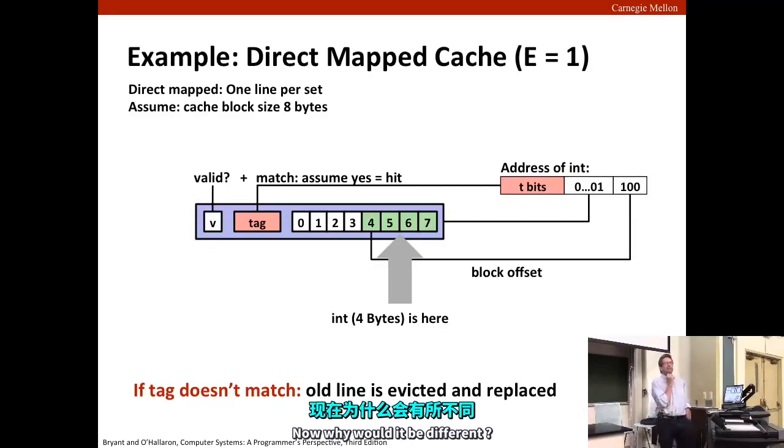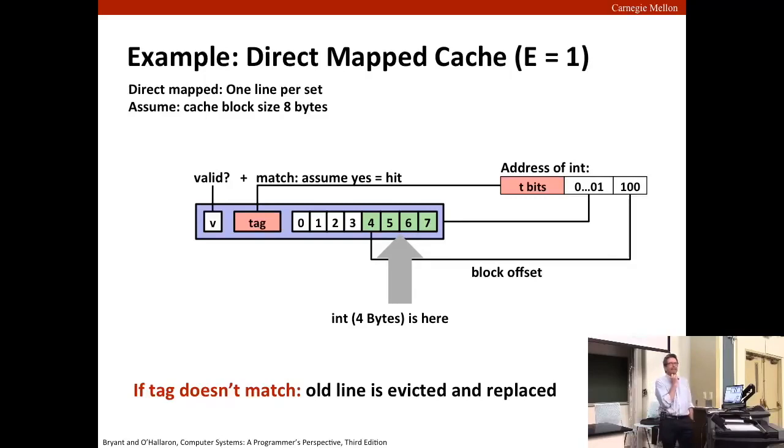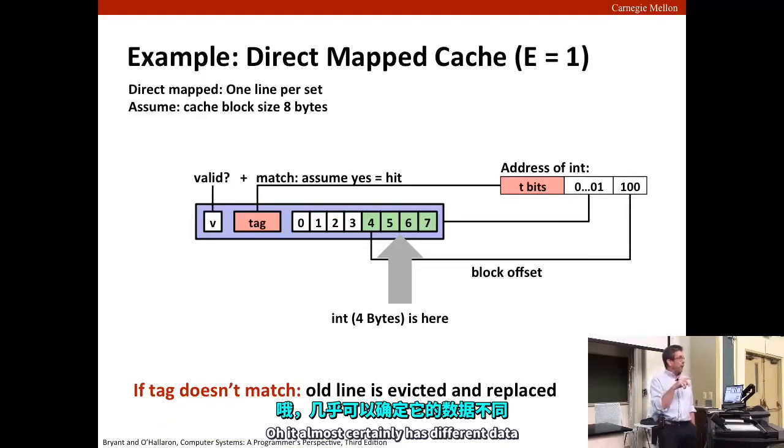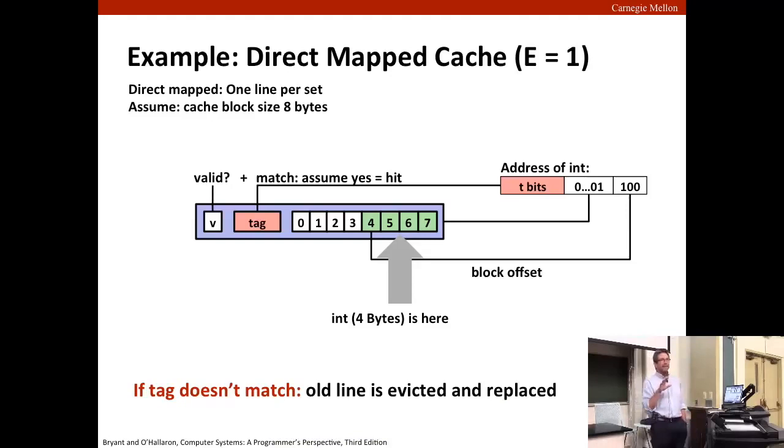Different. Now, why would it be different? Yes? The old one might have different data. Oh, it almost certainly has different data. But does it have a different address? Well, you missed because the tag didn't match.